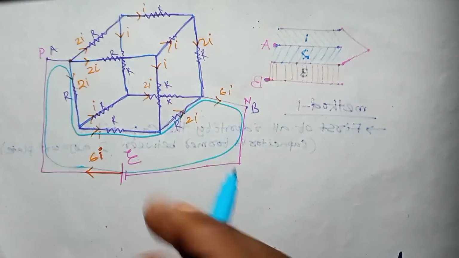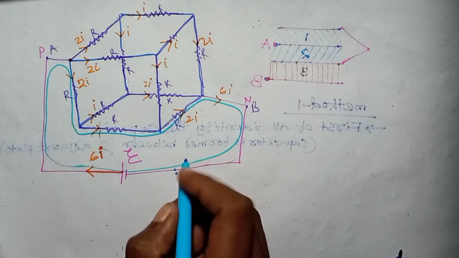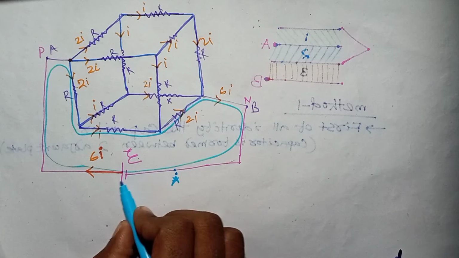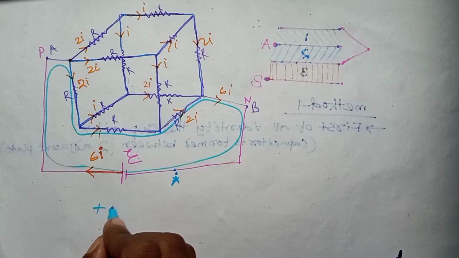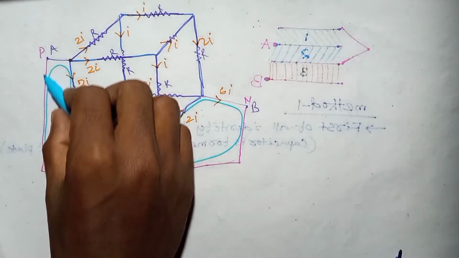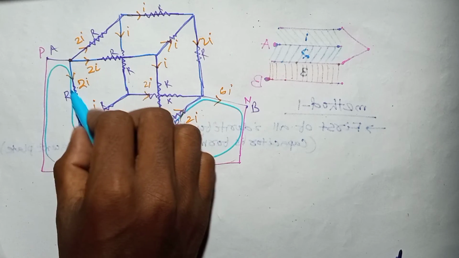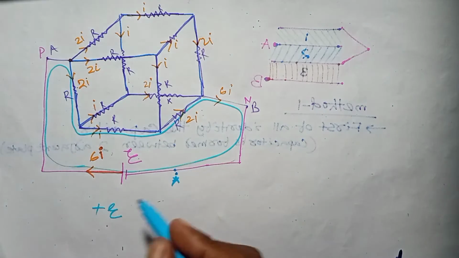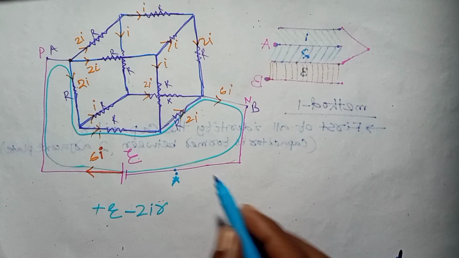So let's start from here. Going through the battery from negative to positive terminal, it will be plus E. Then this is a resistor, the current is 2I and the resistance value is R, and we are crossing this resistor in the direction of current, so it will be minus 2IR.